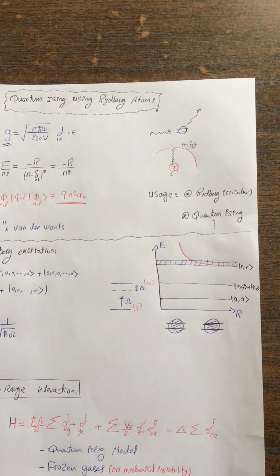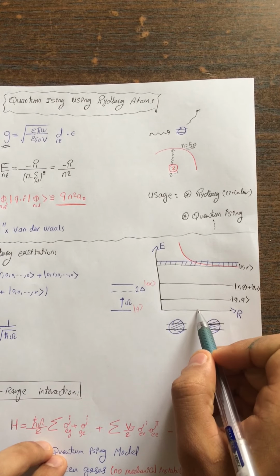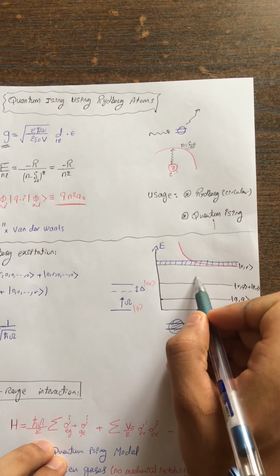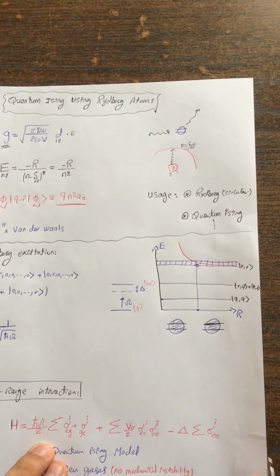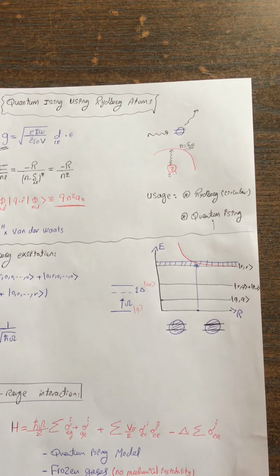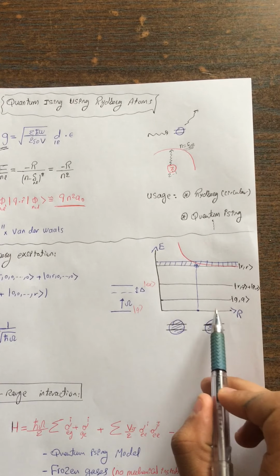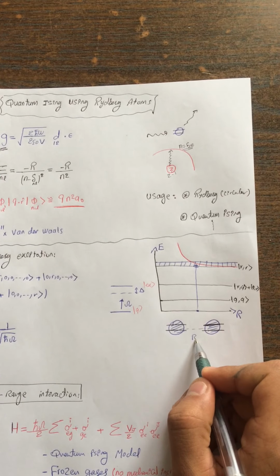So let's say that we excited our atom, or two atoms here, from the ground state to the excited state, like this. And let's say only one atom is really excited, and you can have this whole scan of the R dependence between atoms, the R distance between atoms.